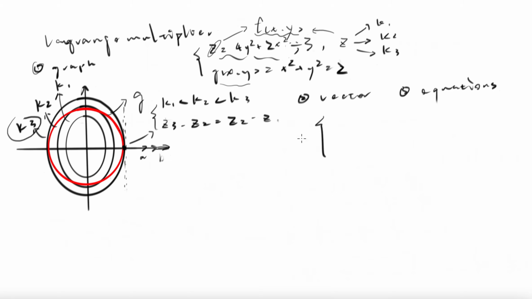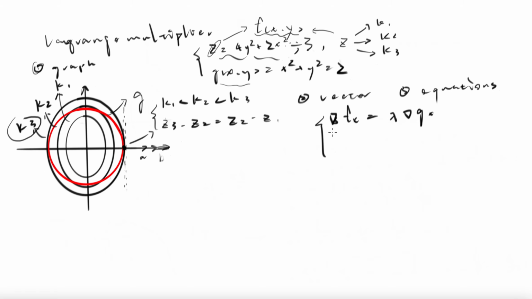Now we know that they're pointing in the same direction, but how do we write it in a system of equations? The gradient of f is equal to lambda times the gradient of g. The lambda here is just a constant. You don't need to worry about it.